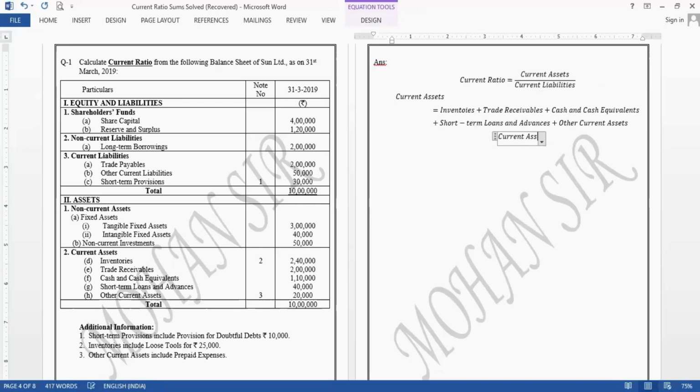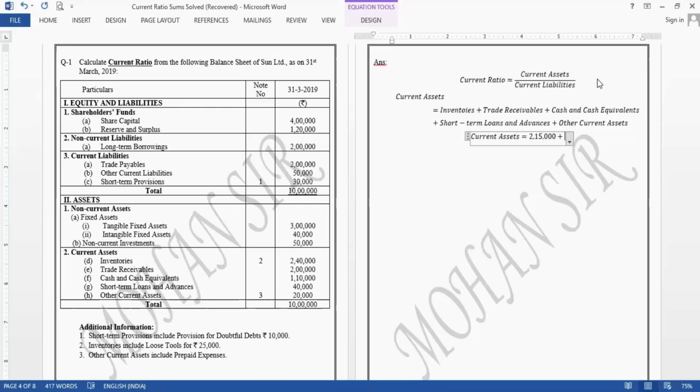So current assets will be equal to, inventories is the first amount in which we are told that loose tools are included over there. So out of 2,40,000, I'll be deducting 25,000. So remaining amount is 2,15,000 for inventories. Trade receivables, that is 2 lakh rupees. Out of that trade receivables, I'm supposed to deduct provision for doubtful debt, that is 10,000.